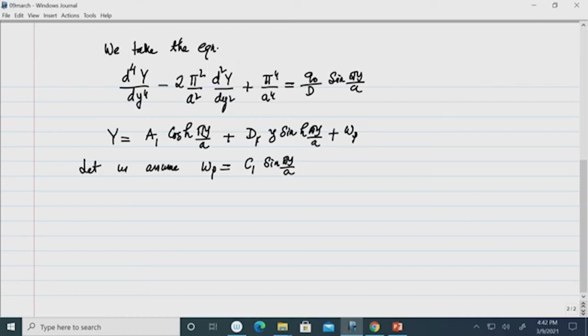Now, you can see that after substituting this value here, the particular integral will appear as a very simple term.